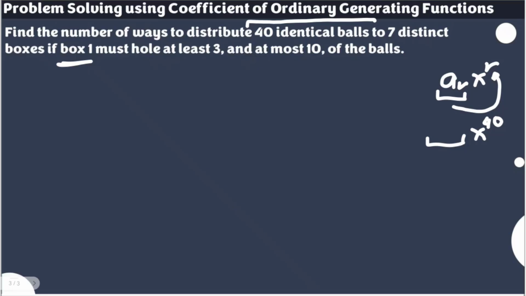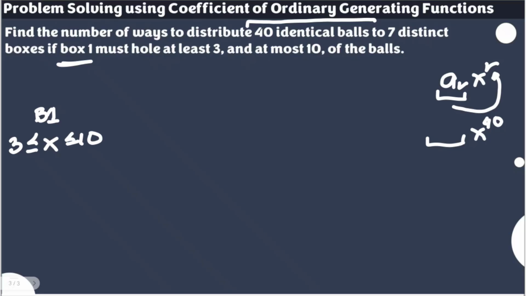Now, take note that in this situation, the number of ways to distribute 40 identical balls to 7 distinct boxes. So for box 1, there is a restriction that it should hold at least 3 and at most 10. So in form, you can actually get here 3 until 10.